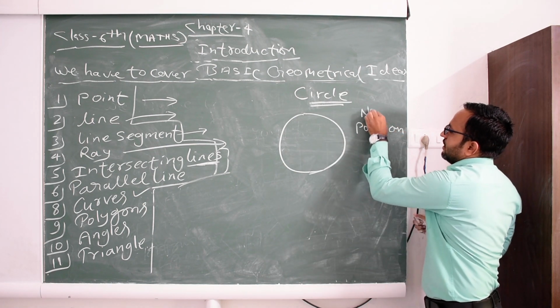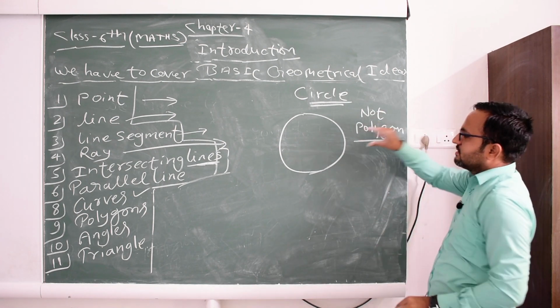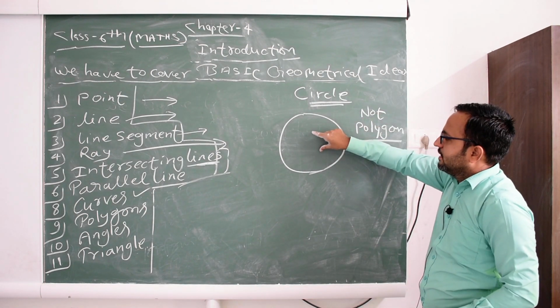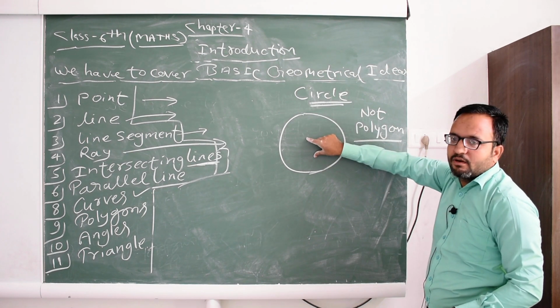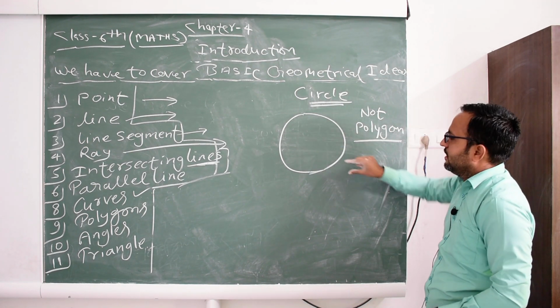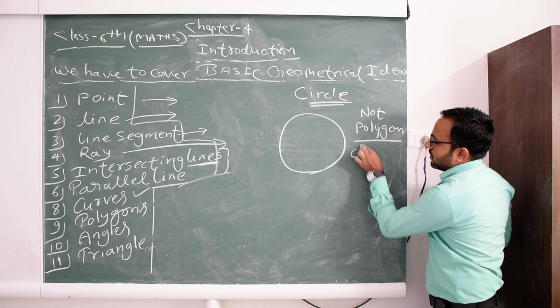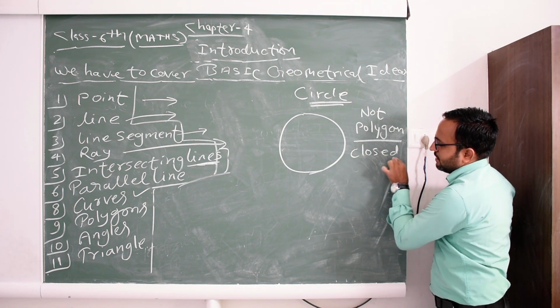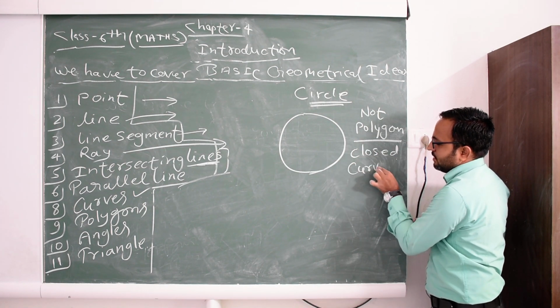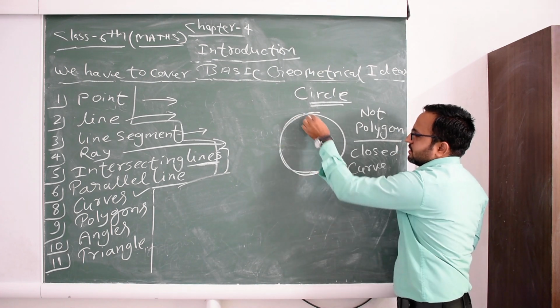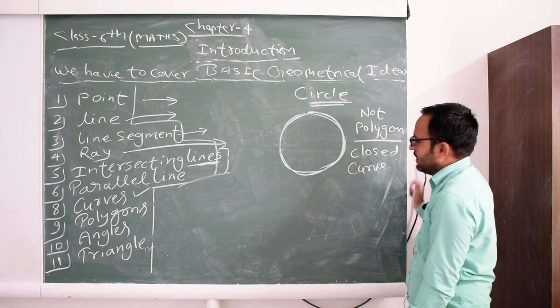It is not a polygon because circle has no line segment. Also, this is a closed curve. This is a closed curve.